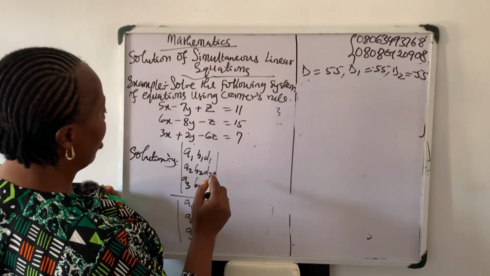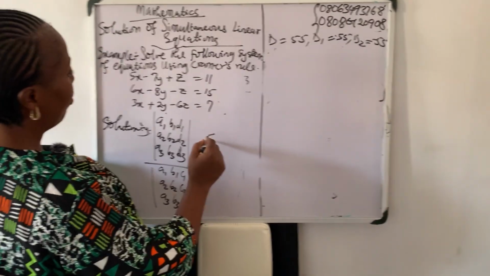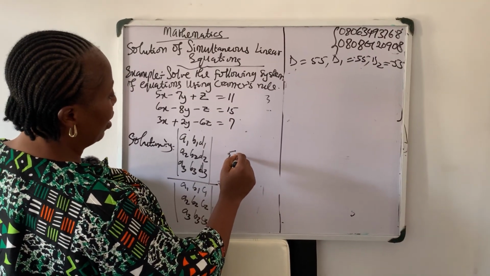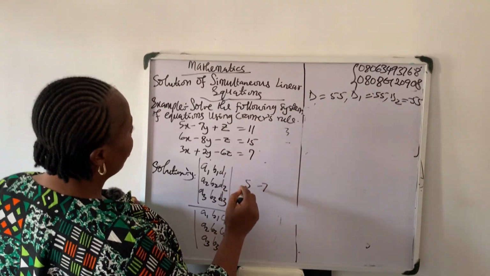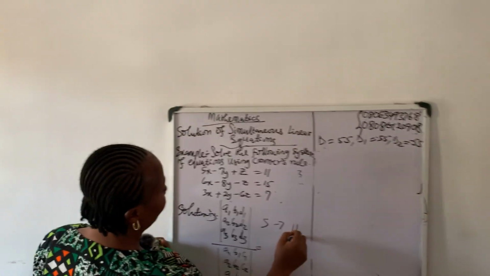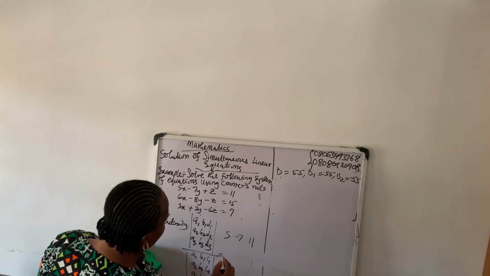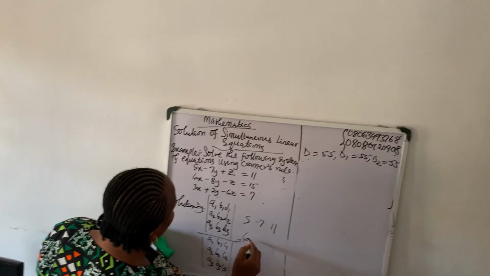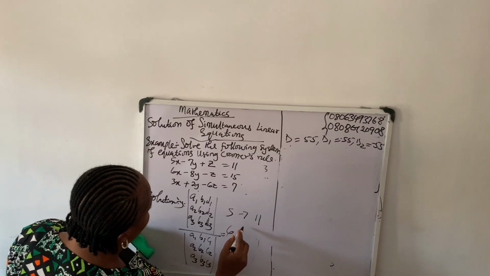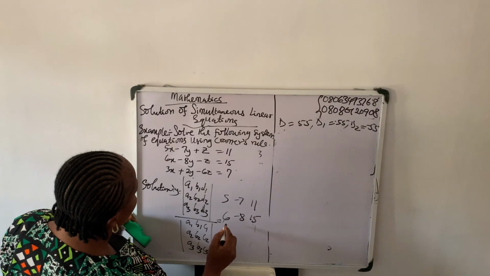So going back to our equation, our a1 is what? 5. Our b1 is -7. Our d1 is 11. Our A2 is 6. Our B2 minus 8. D2 is 15.